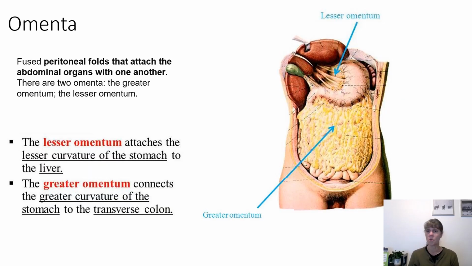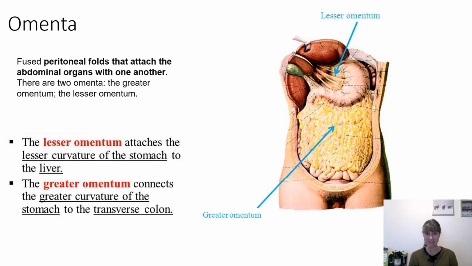There are more folds of connective tissue that help to anchor and protect the digestive organs in the abdominal cavity, and these connective tissues form fused folds of peritoneum that help to attach the abdominal organs to one another and again help to anchor them to the wall of the abdominal cavity.